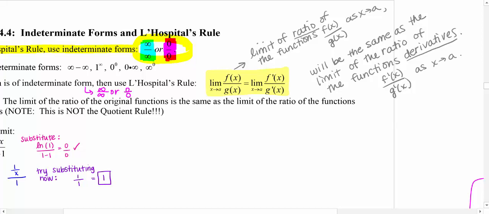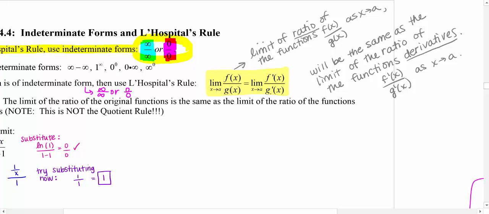So what that means is if I look at the limit of this ratio, f over g, and again, I'm still approaching a in both. I'm not going to change where I'm looking here. Then this is equal to the limit of the ratio of each derivative. So L'Hopital proved that the limit of the ratio of the originals is going to be the same as the limit of the ratio of their derivatives.